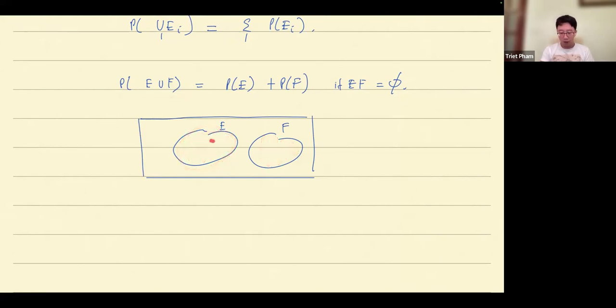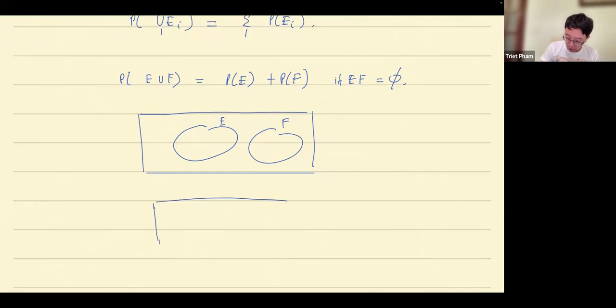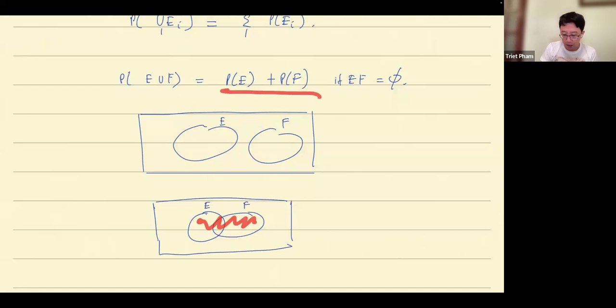So the size of the union of two circles, if they have nothing in common, is the sum of the sizes, which is obviously true. Something that's not true is if they have something in common, then the size of the union is not the individual pieces added together, because then you will double count the intersection, which is exactly the inclusion-exclusion principle formula that we'll be talking about.